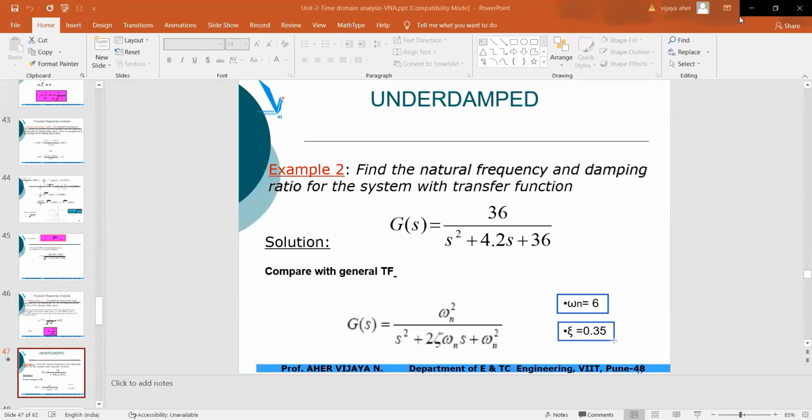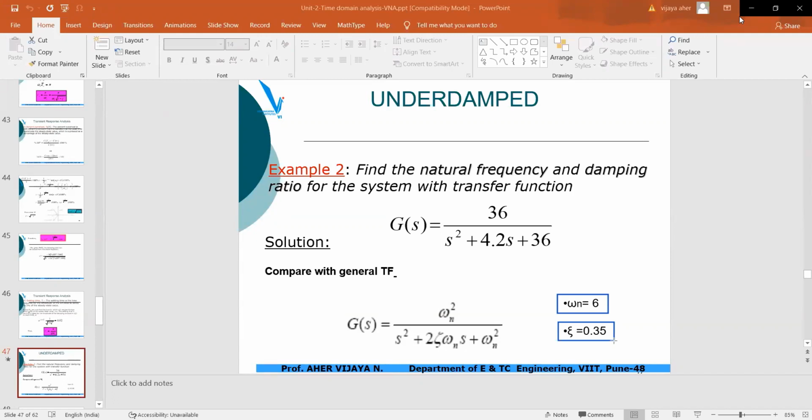Take the calculator, do the calculation. 2 zeta omega n is equal to 4.2. Now you know the value of omega n. Omega n is equal to 6, right? So 6 into 2, 12. So 4.2 divided by 12. How much you got? 0.35 is nothing but the value of damping ratio zeta.